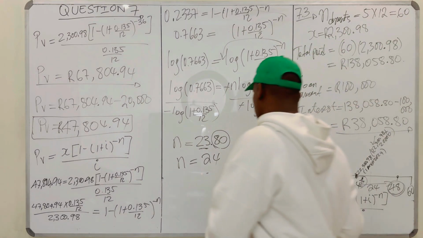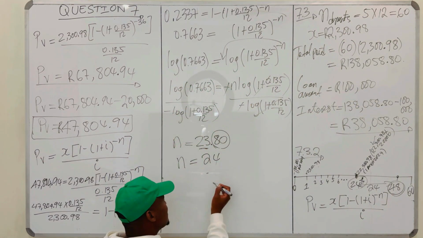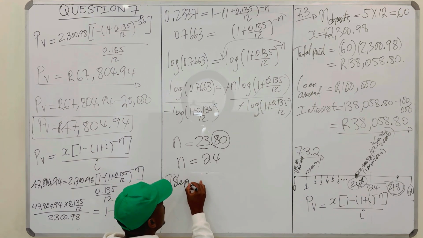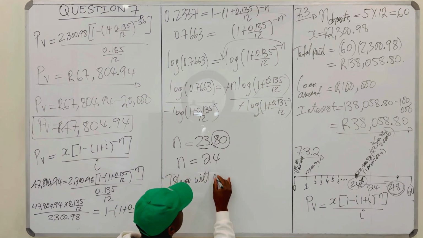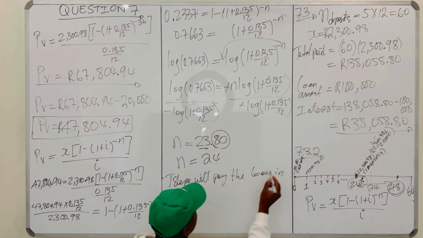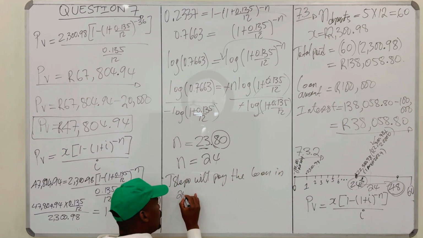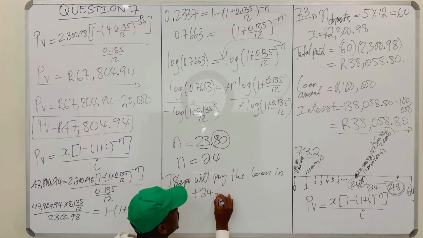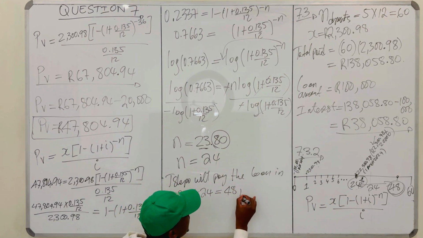So what do we say? We say the person will pay the loan in 24 payments, which is the first one, plus the second 24 payments, which is 48 payments.